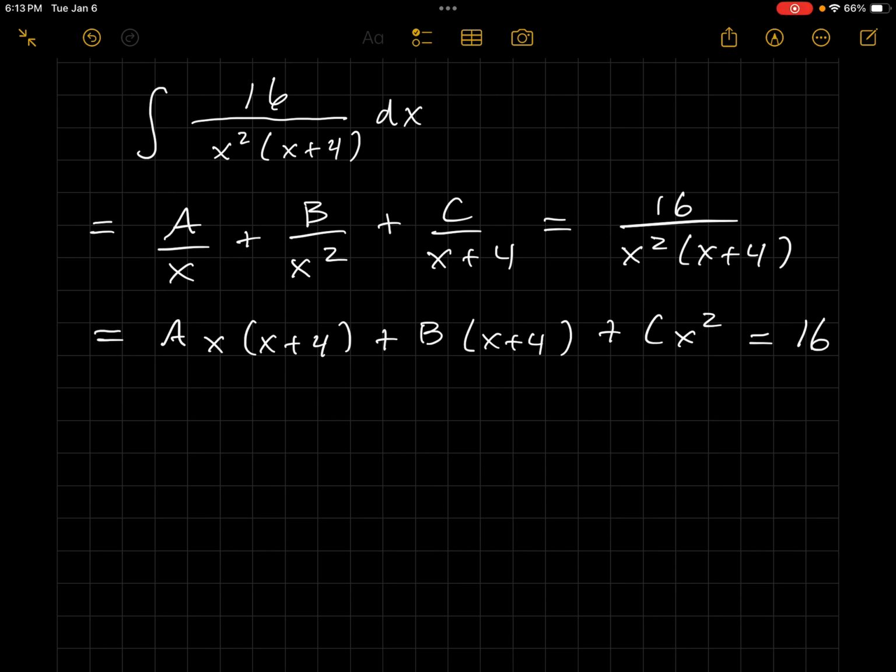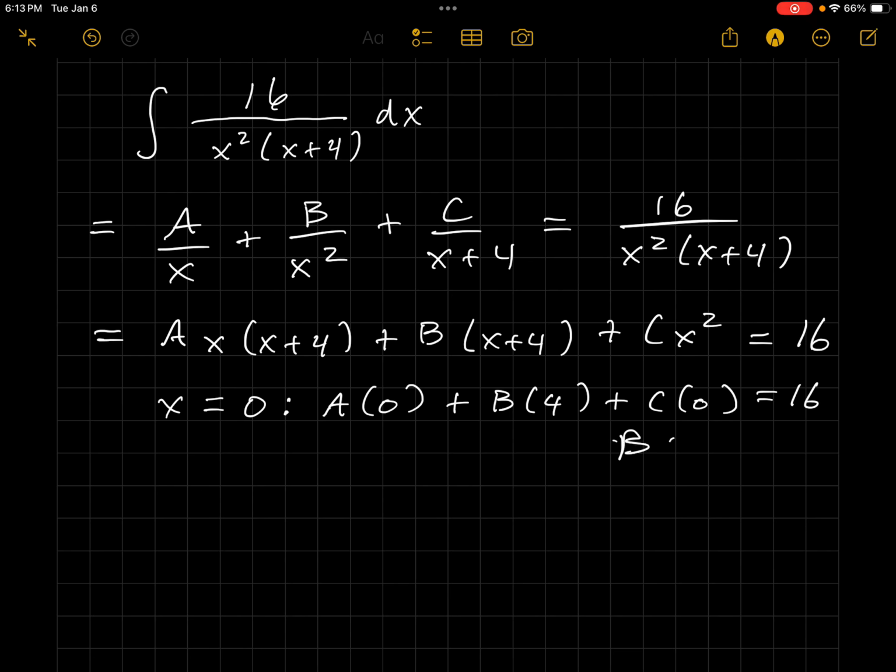And let's choose values of x that will make things disappear, hopefully. So if I choose x equals 0, I get a times 0 plus b times 4 plus c times 0 equals 16. 4b equals 16, so b equals 4.